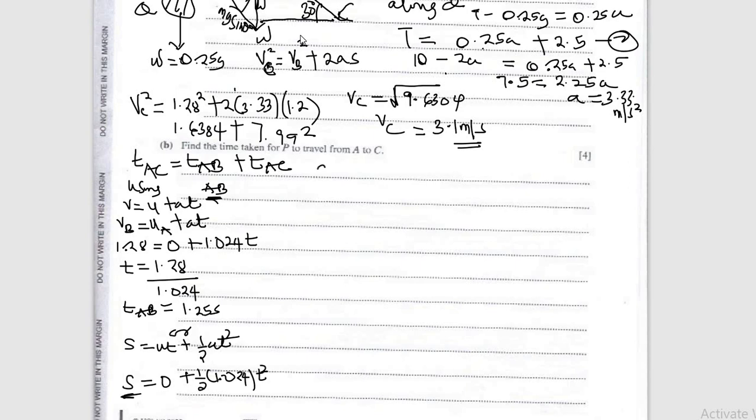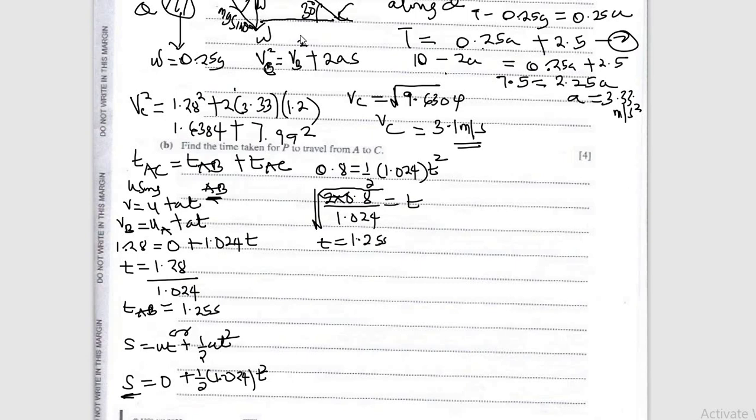So we have 0.8 equal to half of 1.024 t squared. If you cross multiply, square root of 2 times 0.8 divided by 1.024 will give me t. Put it in your calculator to give us 1.25 seconds.